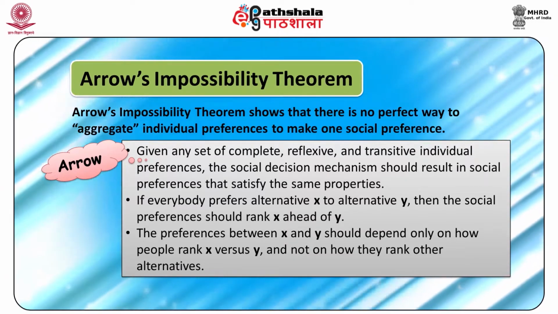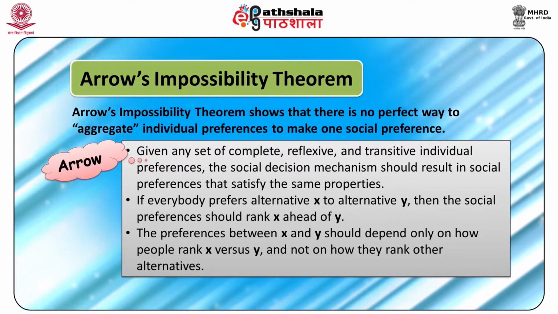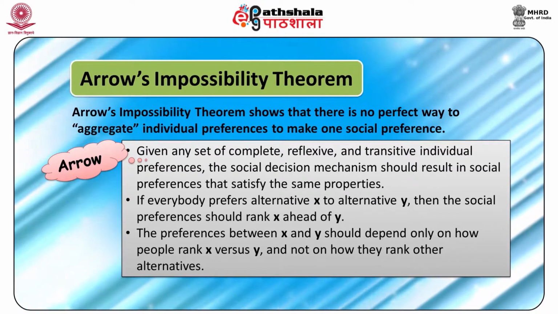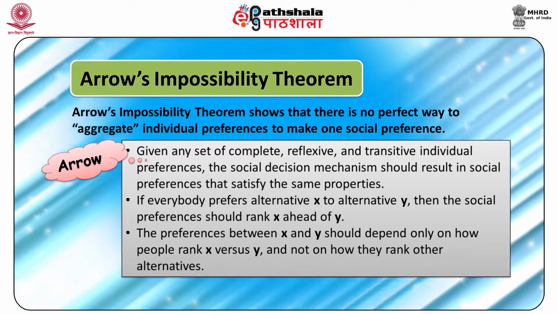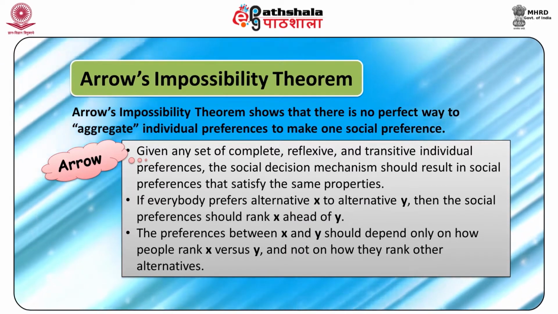A. Given any set of complete, reflexive and transitive individual preferences, the social decision mechanism should result in social preferences that satisfy the same properties.